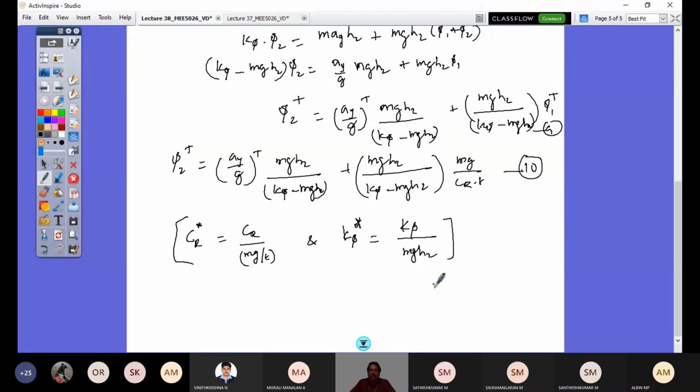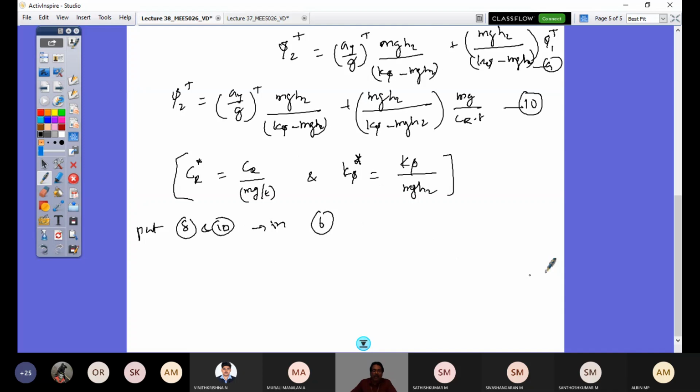So what is the objective? See, this I defined. Also I have now equation 8 and 10. So put equation 8 and 10 in equation 6. Equation 6 was our equation for the threshold value of lateral acceleration.